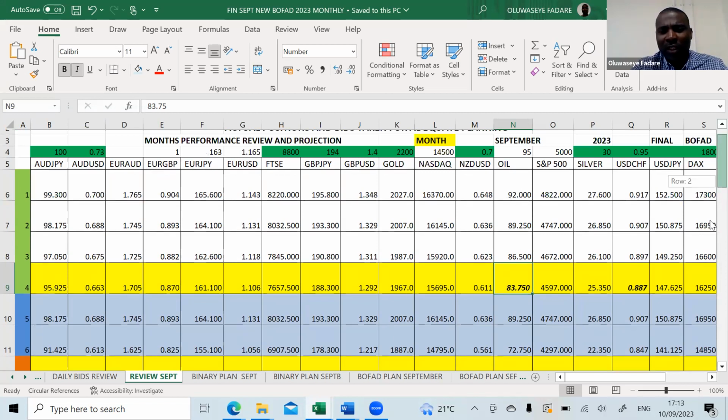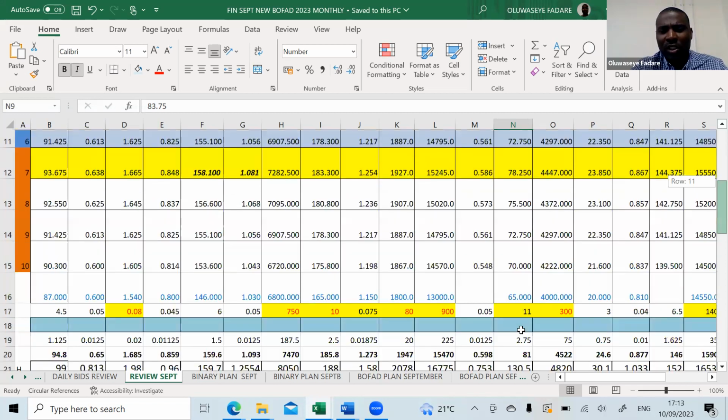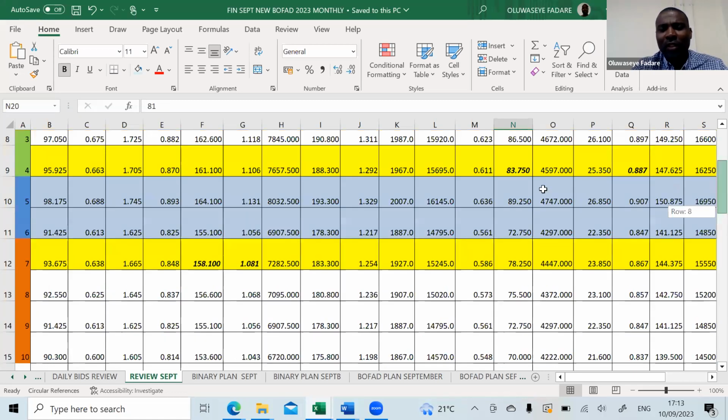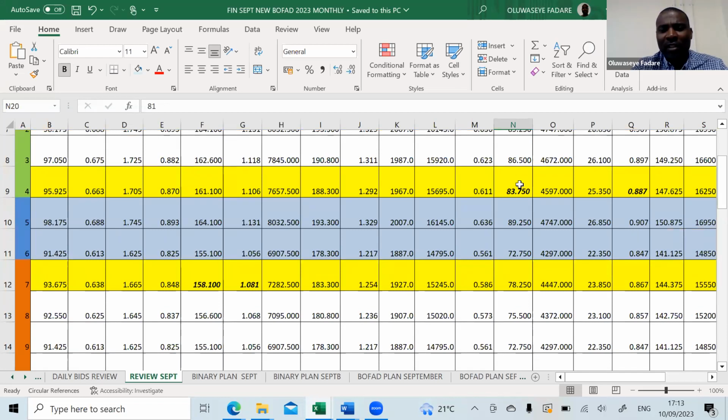But if it moves downwards, then it's going to cross this price of 81 and then move downwards. Once it comes back to 81, then it's not likely to move up again. And if we have made it move initially at 83.75, then all we need to start doing is try to recover back and then take more bids to get enough profit to make up for our losses at the initial point.